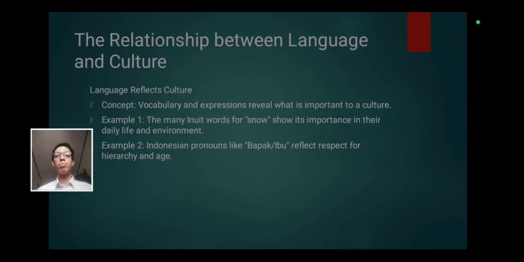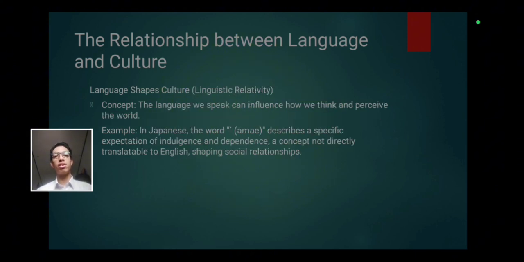The relationship between language and culture. Language reflects culture. Concept: vocabulary and expressions reveal what is important to a culture. Example 1. The many Inuit words for snow show its importance in their daily life and environment. Example 2. Indonesian pronouns like Bapak or Ibu reflect respect for hierarchy and age.